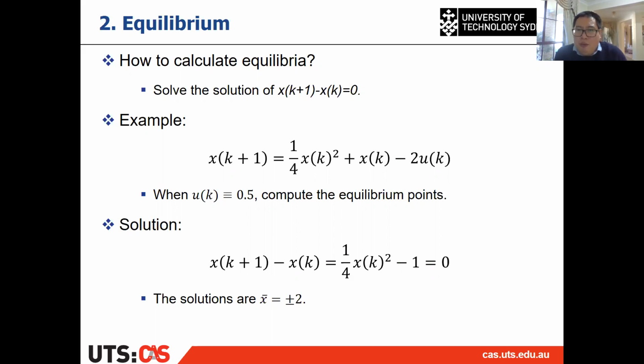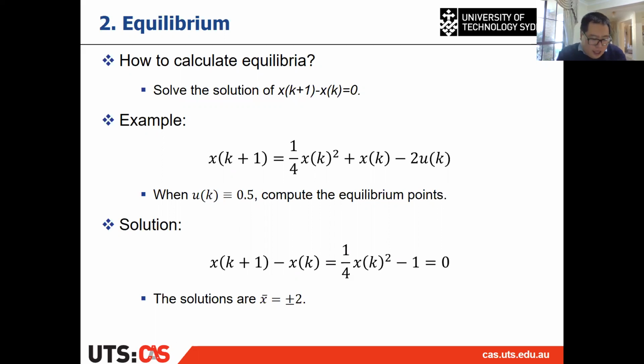So at the equilibrium point, x_{k+1} is equal to x_k, because the state will never change. Which means the state at the current time step k is equal to the state for the next time step x_{k+1}, right? We will use that to calculate the equilibrium point.